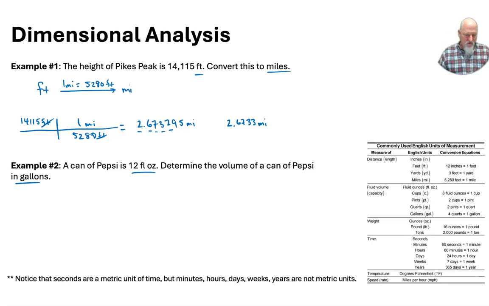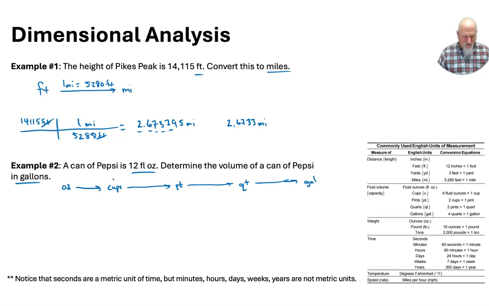Ugh. So ounces to cups, cups to pints, pints to quarts, quarts to gallon. Love the English system.